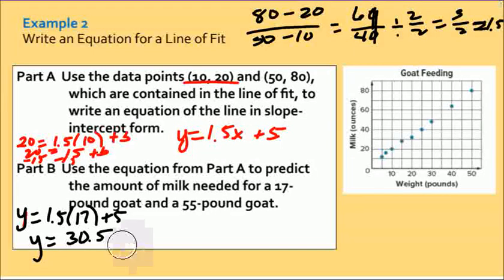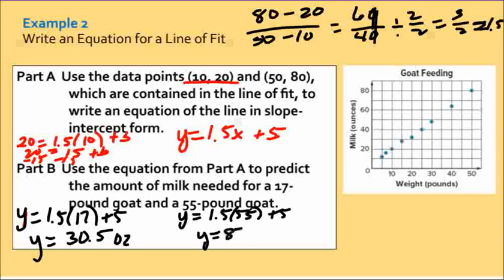Or not gallons, ounces. And then if we did a 55-pound goat, that'd be y equals 1.5 times 55 plus 5, so we would have y equals 87.5 ounces.